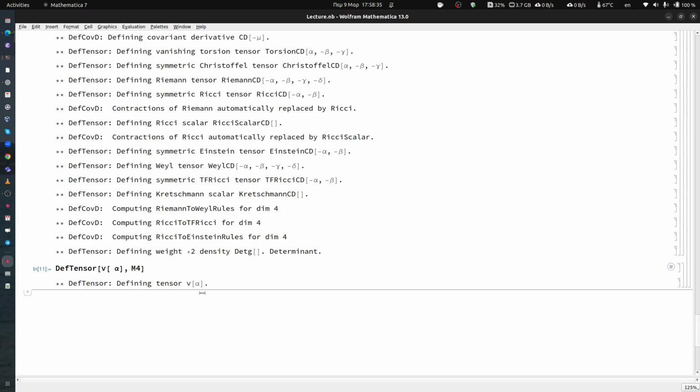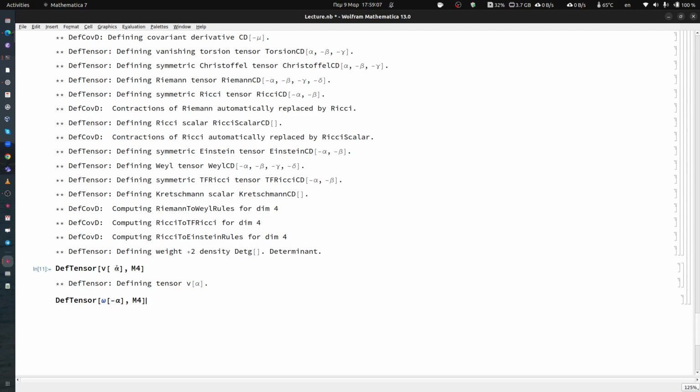Now, tensors have covariant and contravariant indices, and there is a notation for that. It's probably not very easy in the beginning, but you will get used to it later. So we differentiate between upstairs and downstairs indices by putting a minus sign.